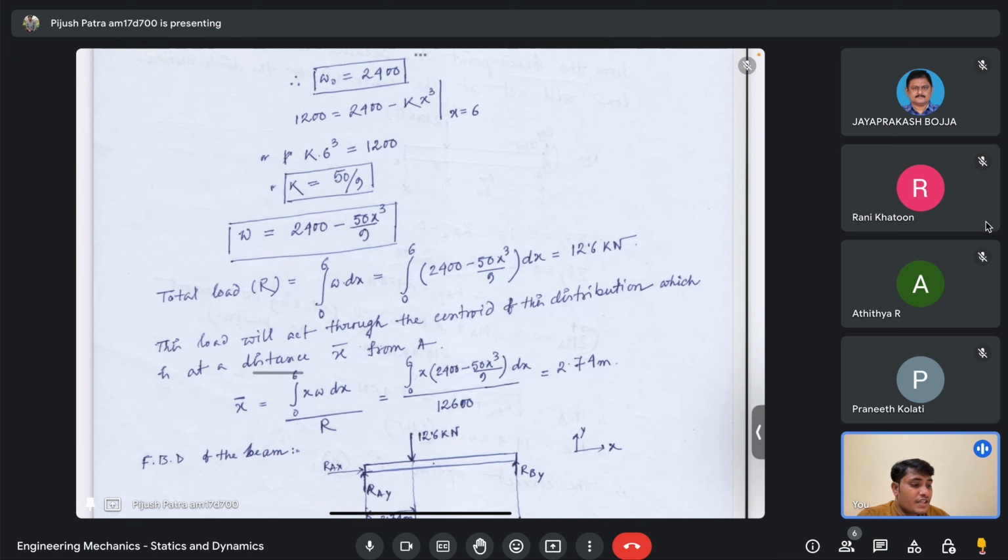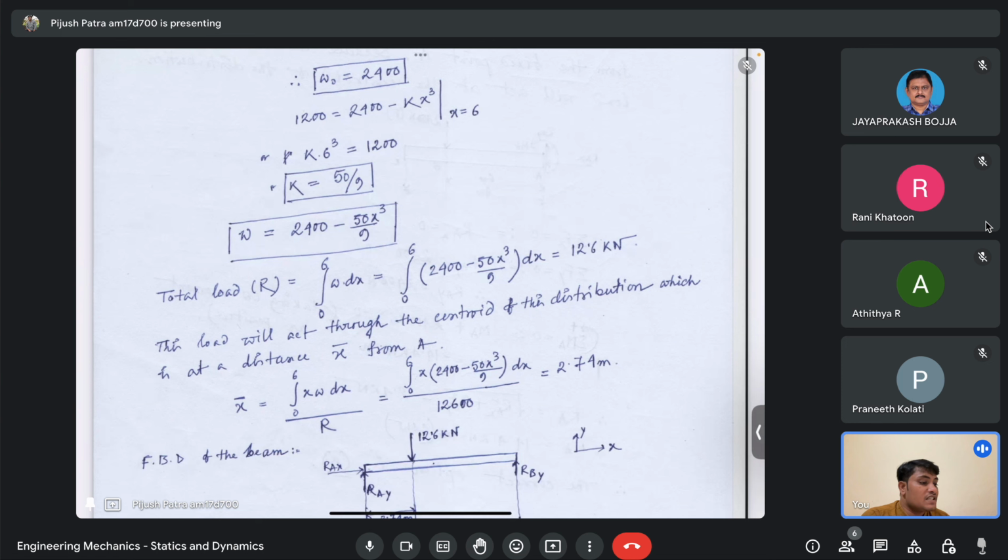You integrate this quantity x W dx and divide by R, where R is the total load. So you weight every W dx over the entire x, and then divide by R, the total load. If you do that, we will get 2.47 meter as the distance.